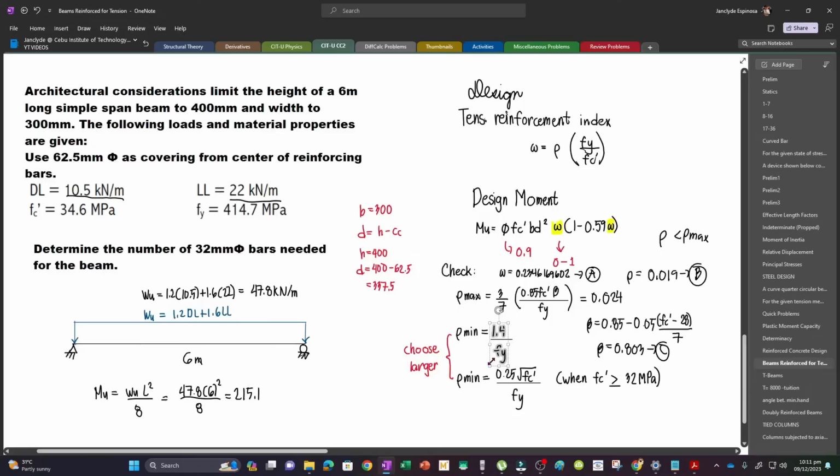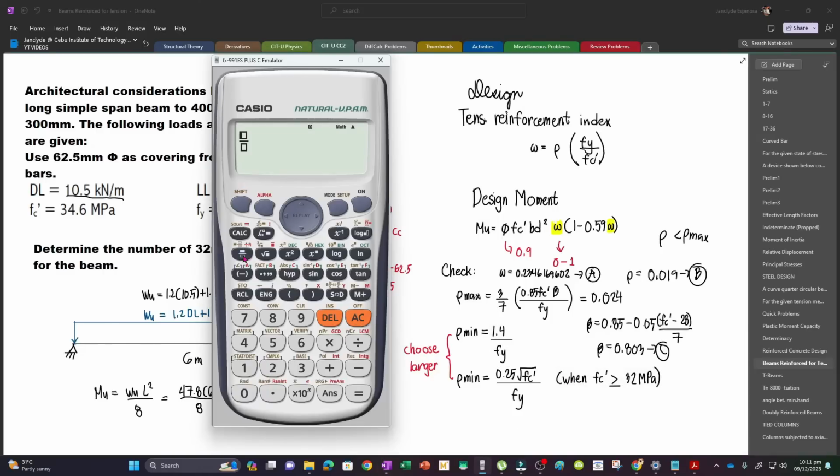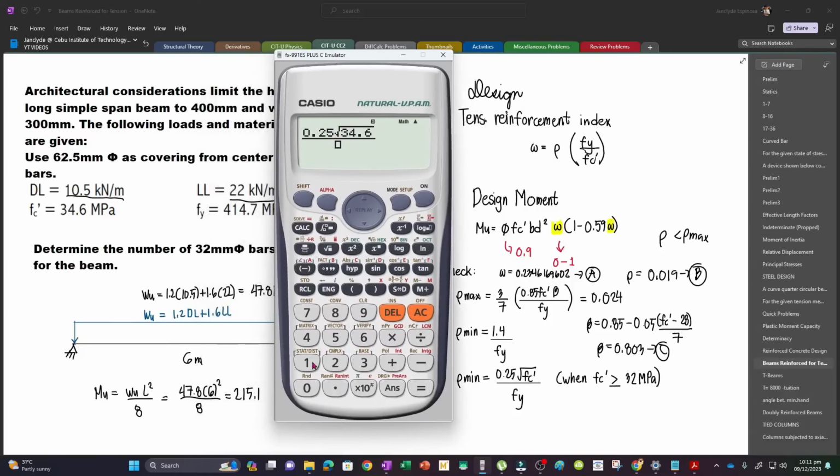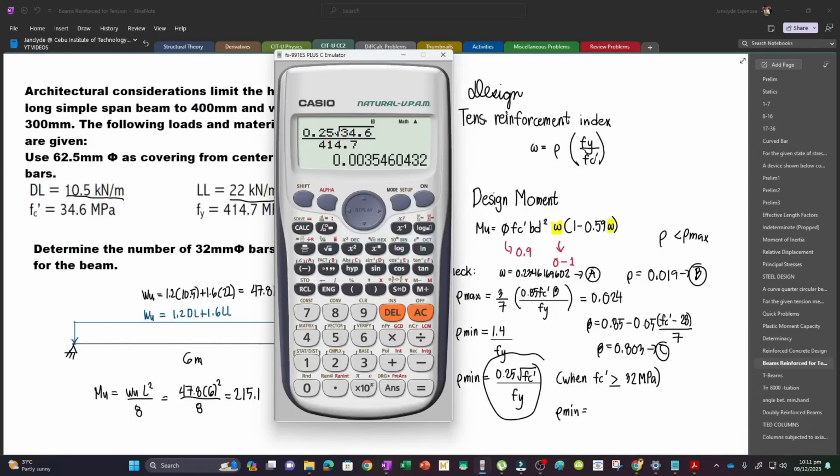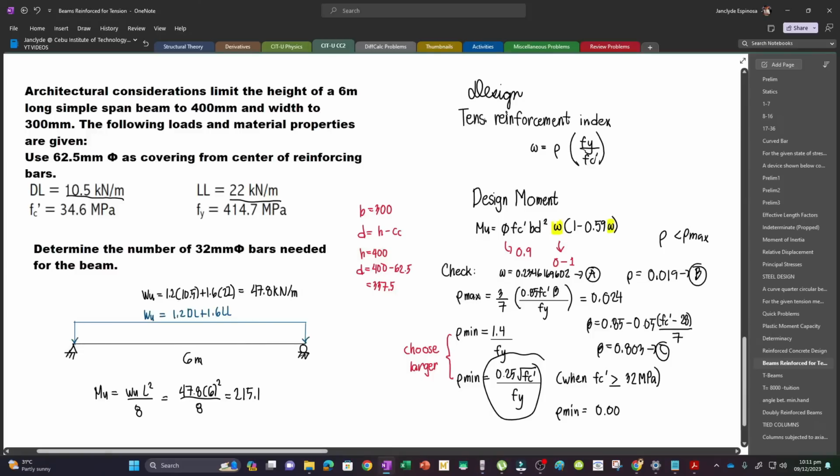So our rho minimum is 0.25 square root of Fc prime, which is 34.6, over Fy. And so we get 0.0035. So it's small. So rho minimum equals 0.0035, which is lesser than this value.